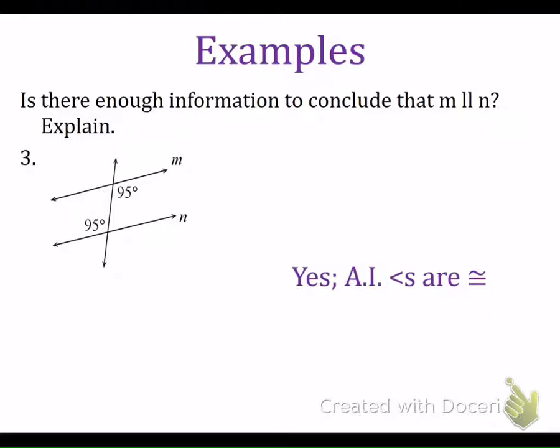So the answer is yes. Alternate interior angles are congruent. Now, I'm trying to shorten this up as much as I can. So AI stands for alternate interior. That's the angle symbol with an S after it. Angles are congruent. Questions?